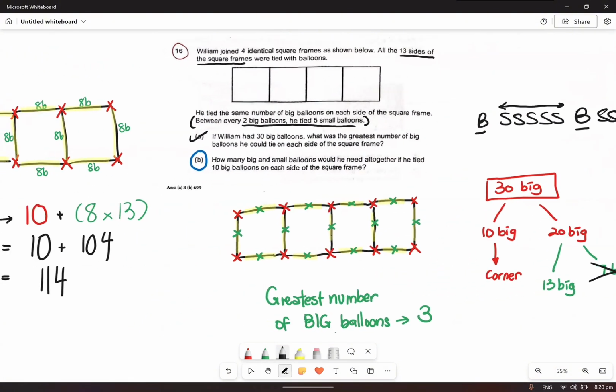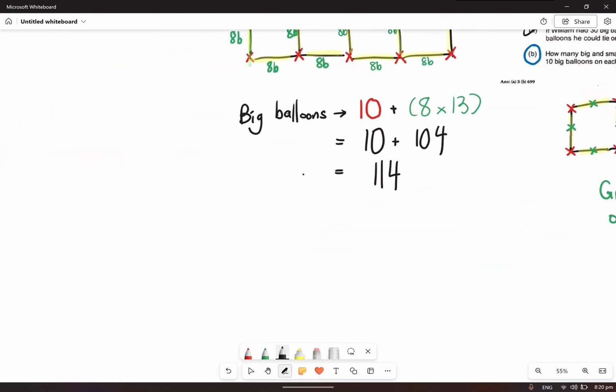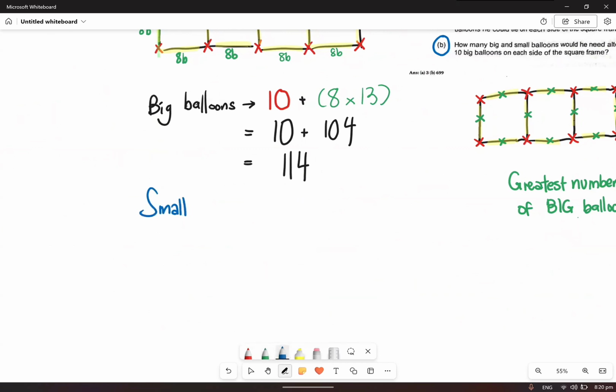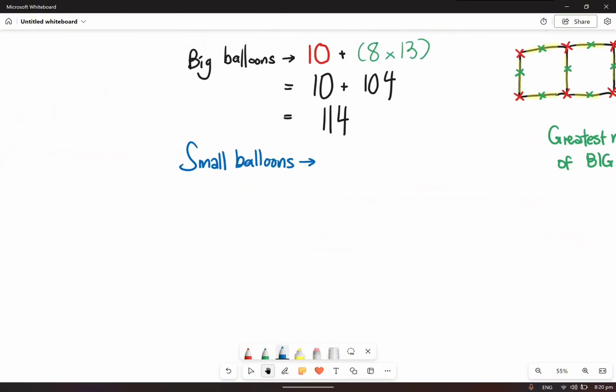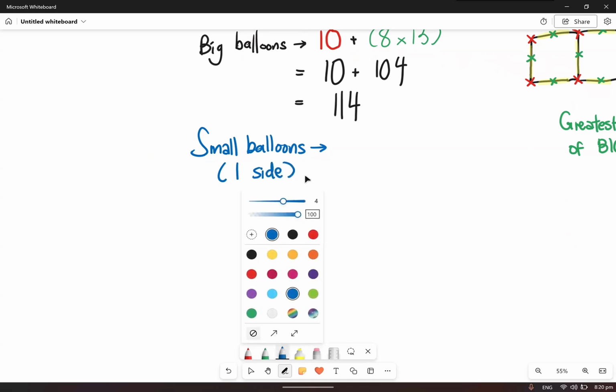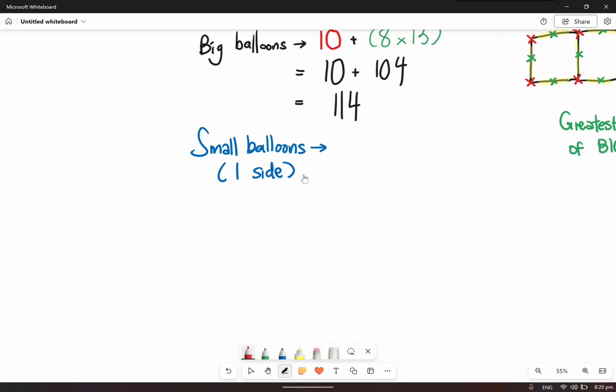So what I'm going to do right now is find my small balloons. Like I said, small balloons, I'm going to use blue color. But in order for me to do this, I find one side first. So I will talk about the big ones.